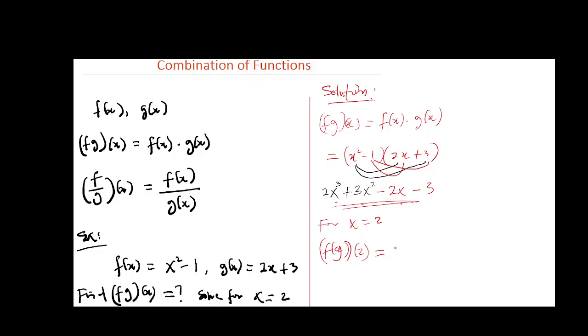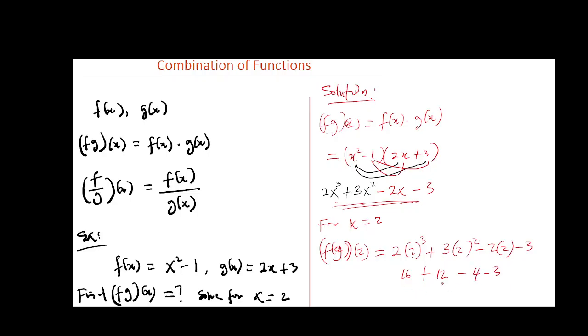So we are going to have 2 times 2 to the power of 3 plus 3 times 2 to the power of 2 minus 2 multiply 2 minus 3. All right, 2 to the power of 3 will be 8. 8 times 2 will be 16, plus 2 to the power of 2 is 4. 4 times 3 will be 12, minus 2 times 2 is 4, minus 3.